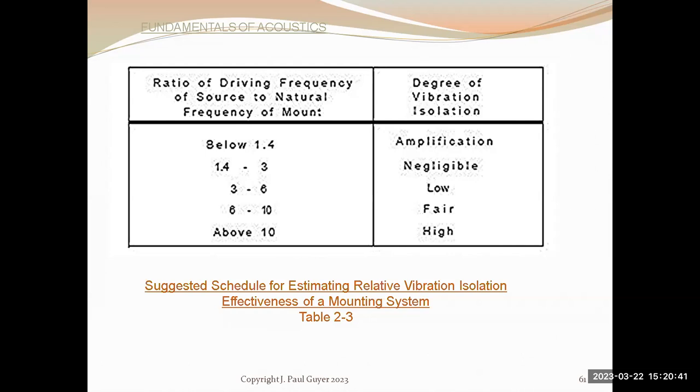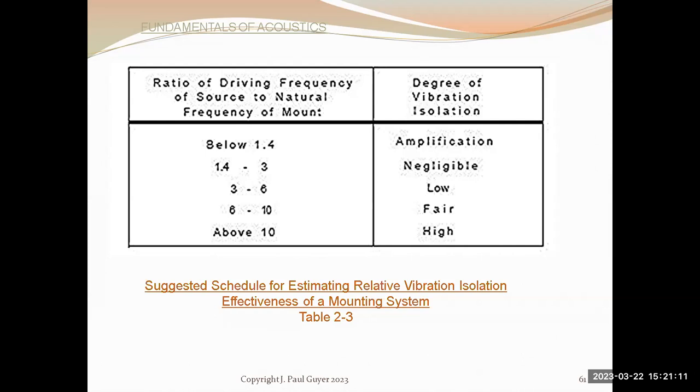And so on down through this table, with the ratio being 1.4 to 3, there would be negligible vibration isolation provided, isolating the fan from the building structure.